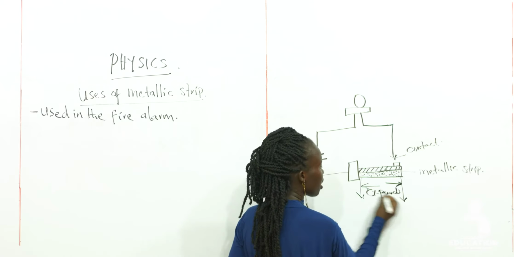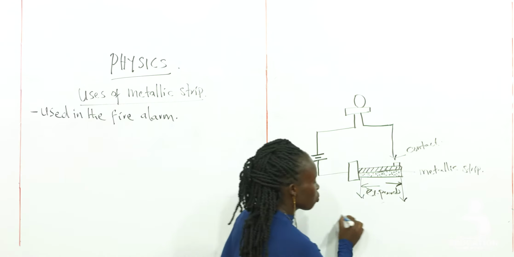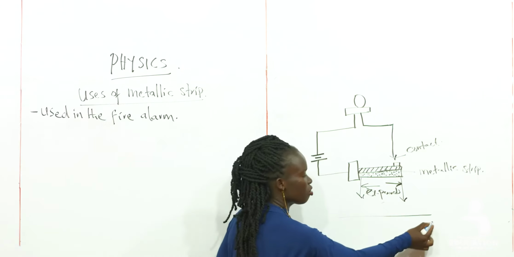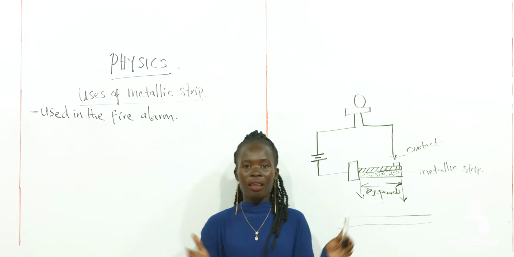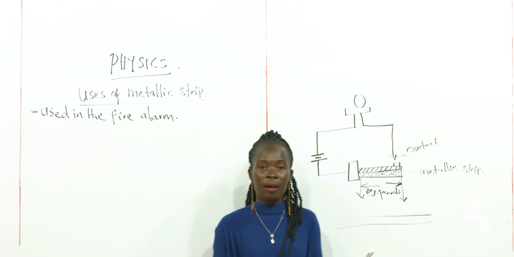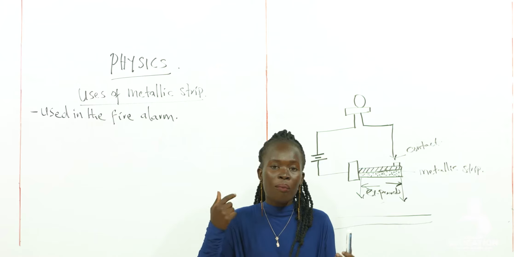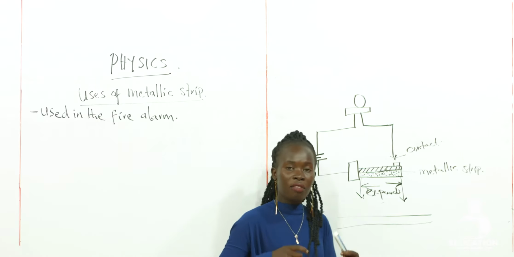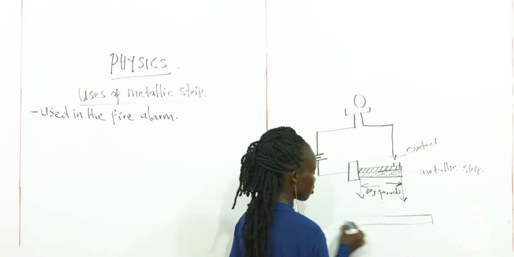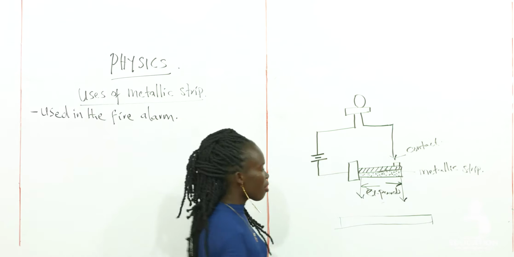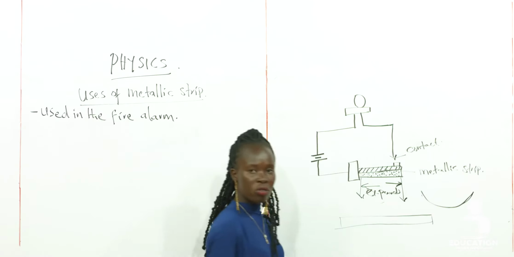Remember, it does not expand in such a way that it remains long like that, but it expands in a curvy way. Why? Because one of the strips expands more than the other. If they were expanding at the same rate, they would just increase in length like that. But this curving here is caused by the difference.